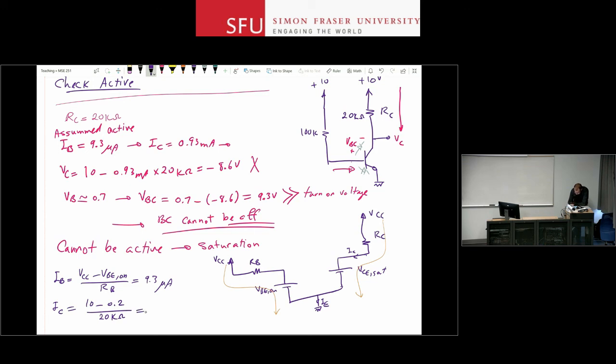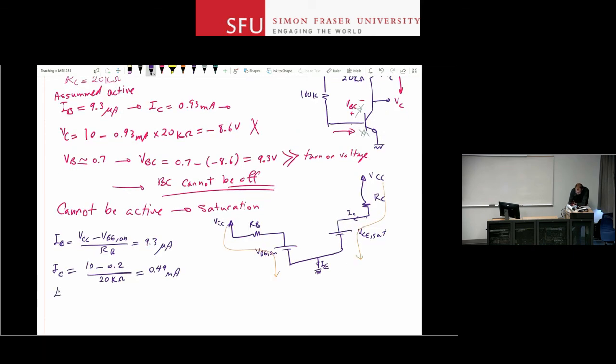So that's 9.8 over 20 kilo ohms, which is 0.49 milliamps. And then IE obviously is the sum of the two, which is going to be 0.499 milliamps.